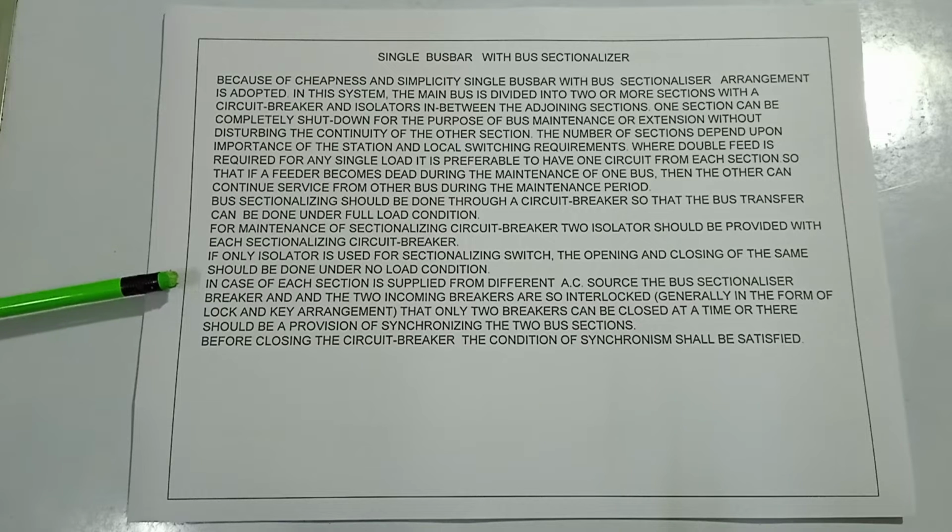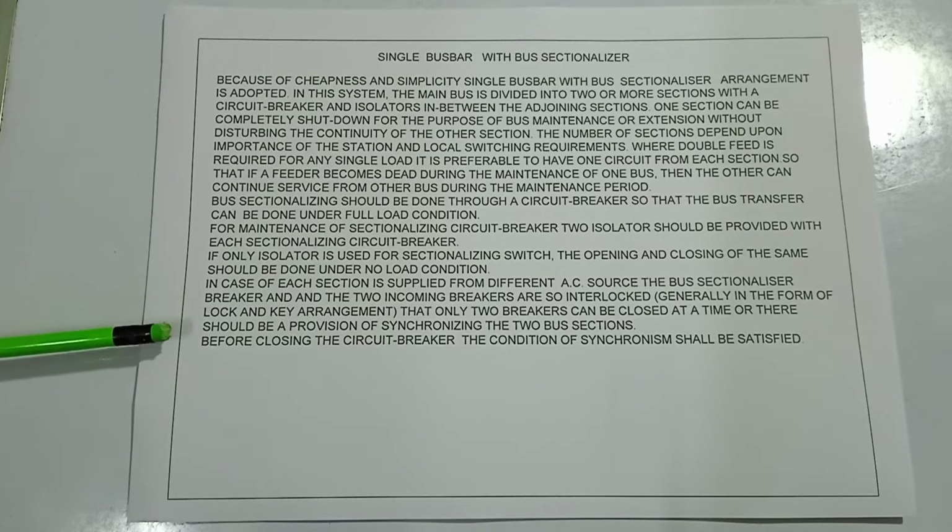In case each section is supplied from a different AC source, the bus sectionalizer breaker and the two incoming breakers are so interlocked, generally in the form of a lock and key arrangement, that only two breakers can be closed at a time, or there should be a provision of synchronizing the two bus sections.